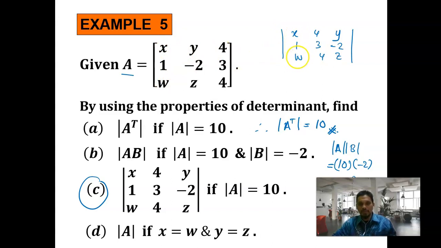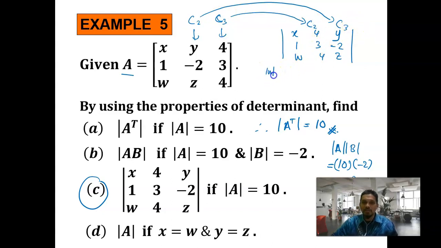The first column remains, nothing changed. But look at the second column. The original A has y, negative 2, z, but it changed from column 2 to column 3, and 4, 3, 4 from column 3 is interchanged to column 2. Meaning there's an interchange between column 2 and column 3.